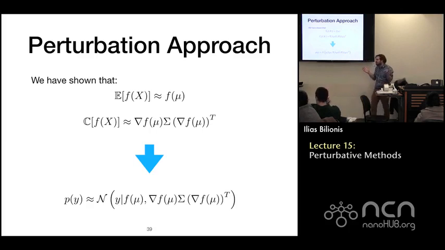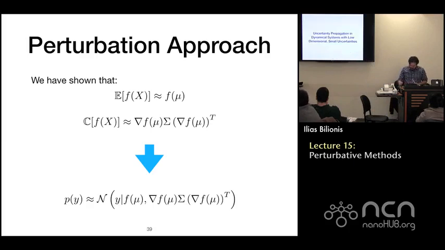And you see how simple it is now to propagate uncertainty through a multi-output model. You just have to find wherever the maximum of your input PDF is, evaluate the model there, and find the first derivative and do this matrix multiplication.